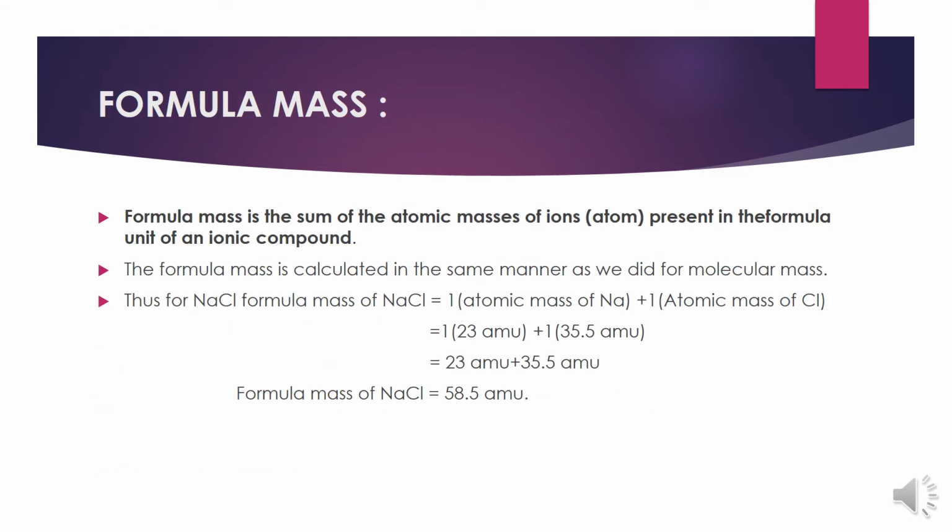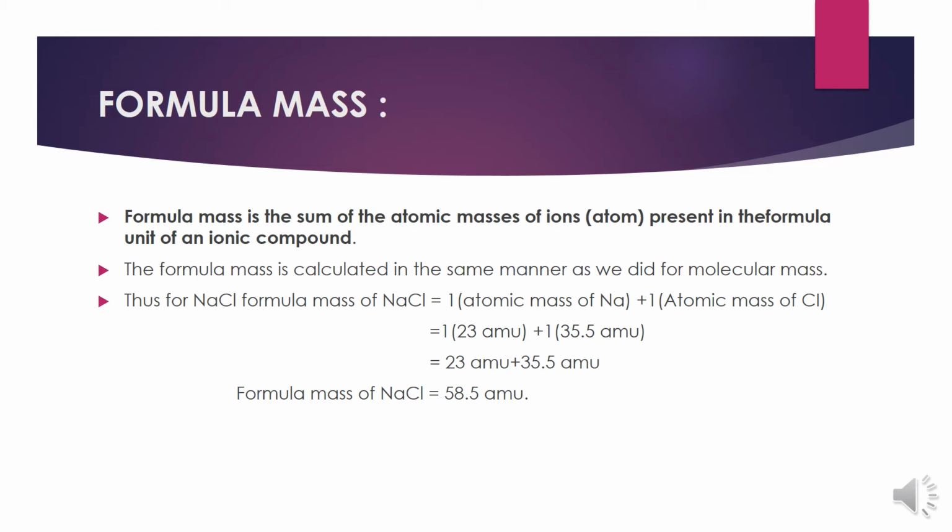Coming towards formula mass. So formula mass is actually for a formula unit, and formula unit is for what? For ionic compound. So formula mass is of ionic compound. Formula mass is the sum of the atomic masses of ions or atoms present in the formula unit of ionic compound.